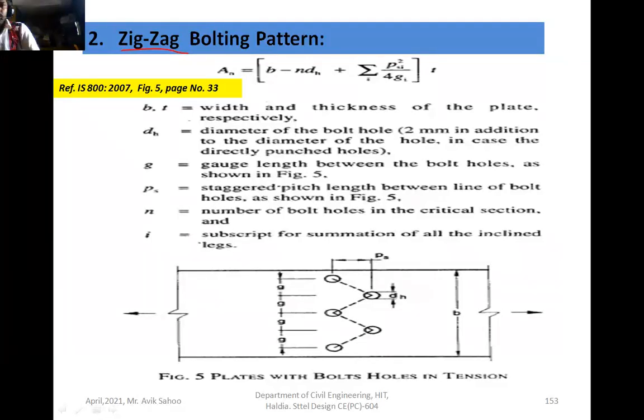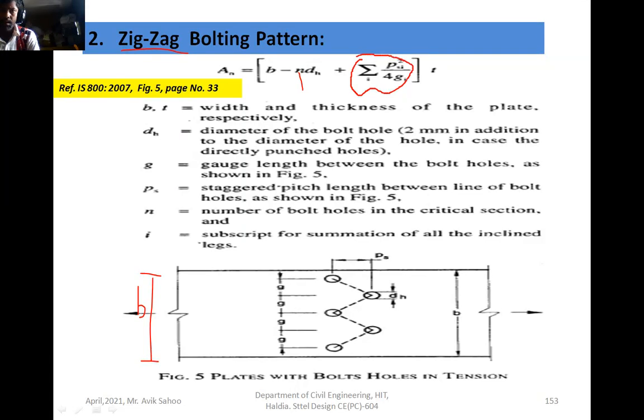Now how do we calculate the net area? Similarly, B is the width of the plate, N is the number of bolts used to make the connection, and D suffix H is the diameter of the hole. Plus, this value you have to add.